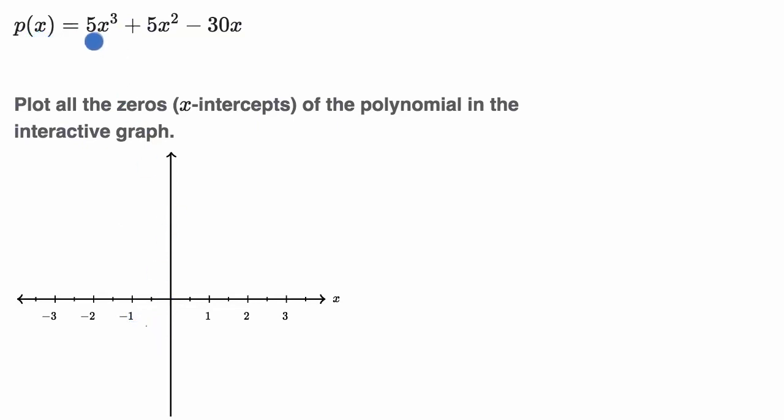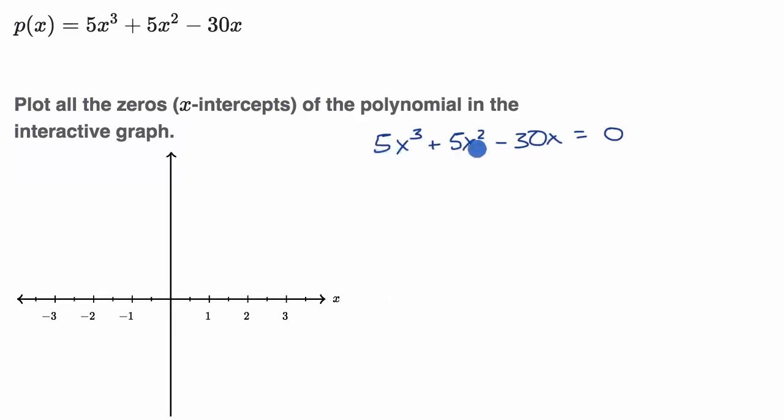So the key here is to try to factor this third degree expression, because really we're trying to solve for the x's for which 5x to the third plus 5x squared minus 30x is equal to 0. And the way we do that is by factoring this left-hand expression. The first thing I always look for is a common factor across all of the terms.